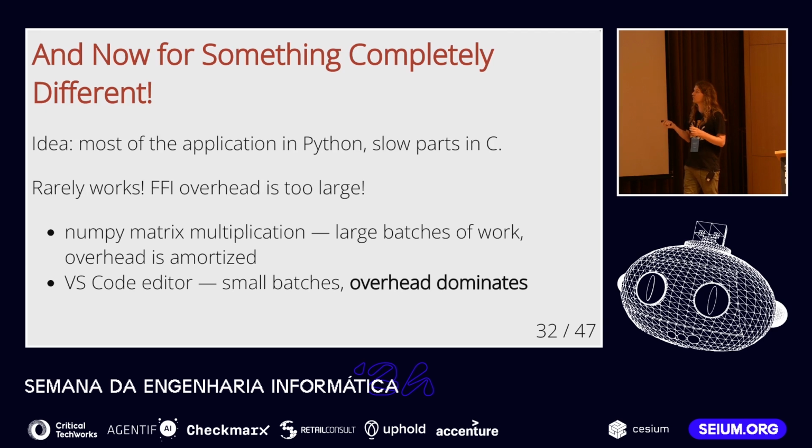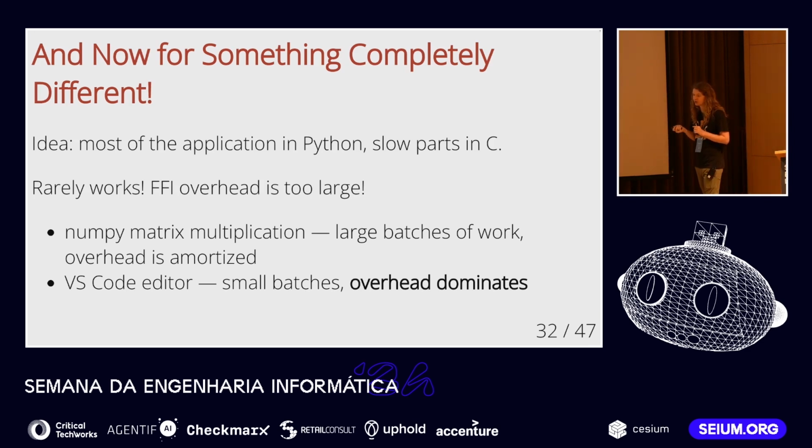So there is a fixed cost here. If the computation you move from the high-level language to a low-level language is a big one, like, for example, multiplying two giant matrices, then this works because the overhead gets amortized over the time savings. But in many cases, this doesn't work.